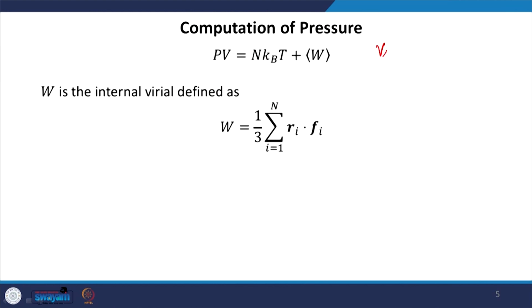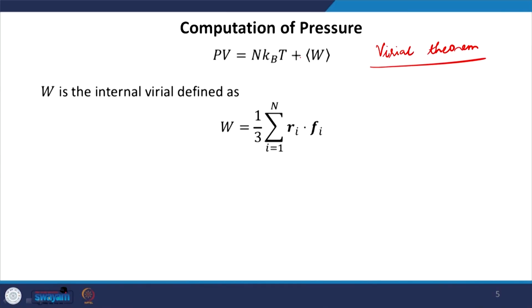Similarly, we can find the pressure. For computation of pressure, we use the idea of a virial theorem, which essentially says that the pressure contains an ideal gas like contribution.